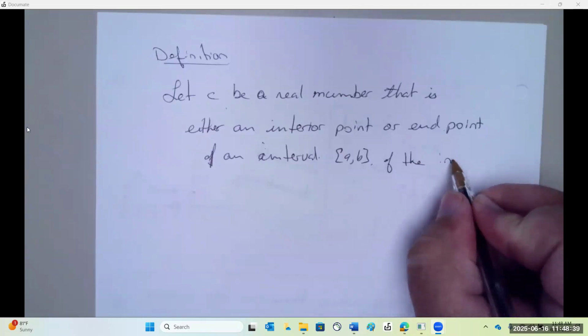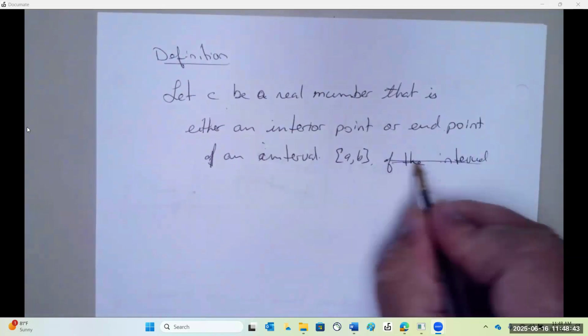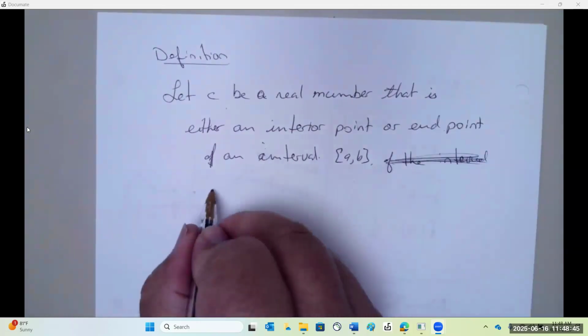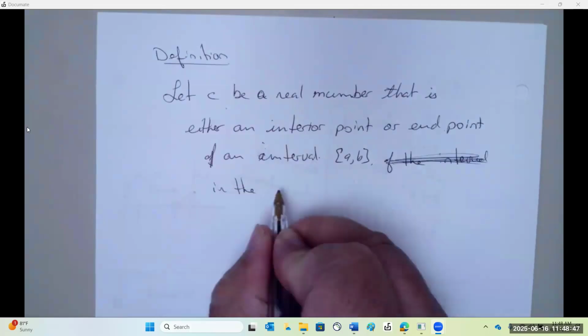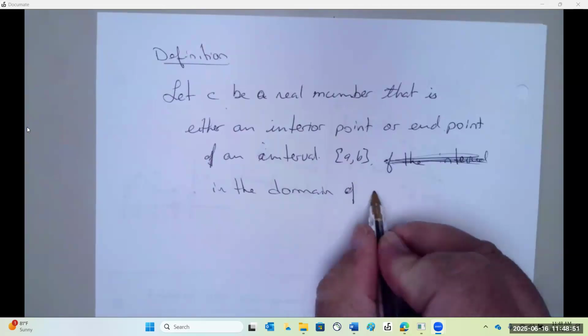Of an interval in the domain of our function.